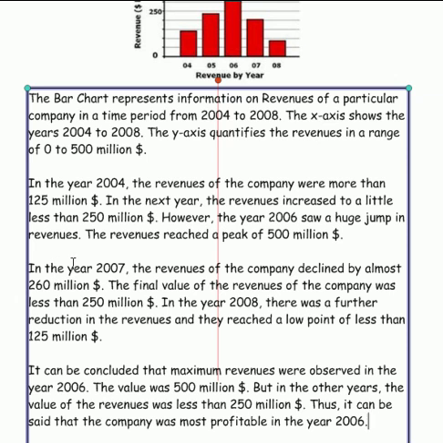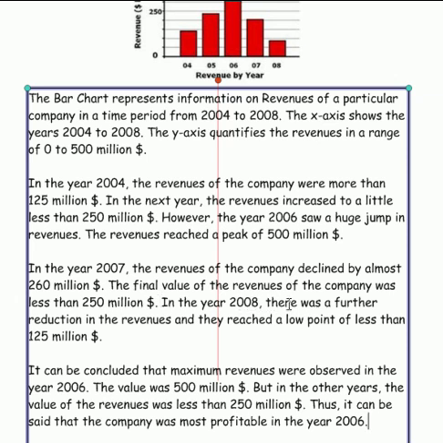Coming to the third paragraph, in the year 2007, the revenues of the company declined by almost $260 million. Now, this is the difference between the revenues of 2006 and 2007. So that's why we're using the words declined by almost $260 million. This is not the final figure, but the difference. The final value of the revenues of the company was less than $250 million.